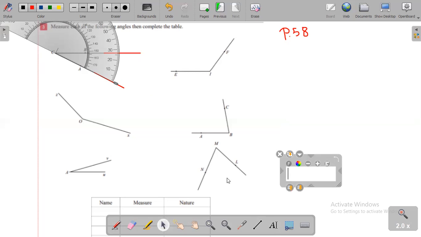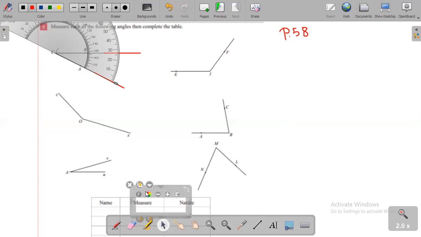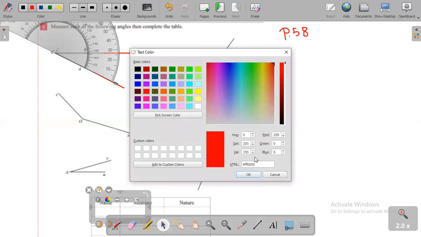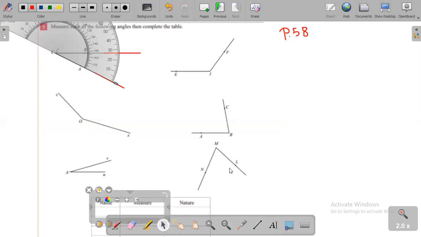But first, let's write the name of this angle. How to write the name of the angle? We have to write the vertex at the middle. So the vertex is C, the vertex at the middle, and we can write BCA or ACB.